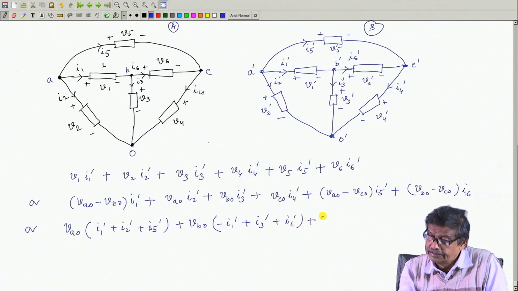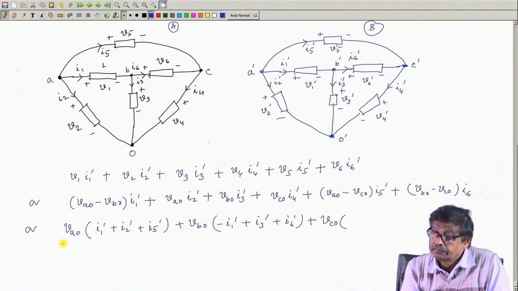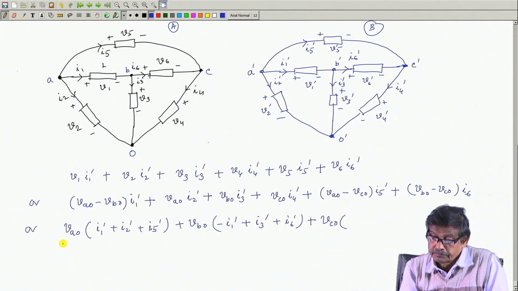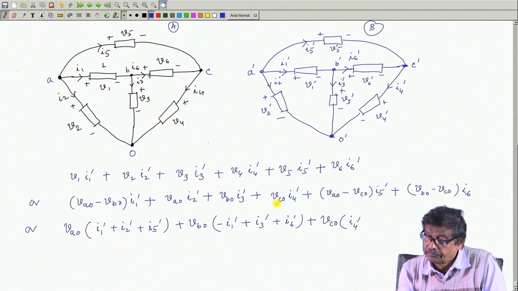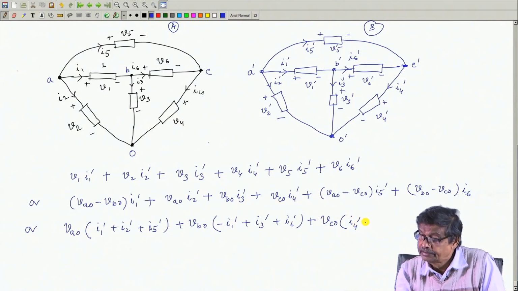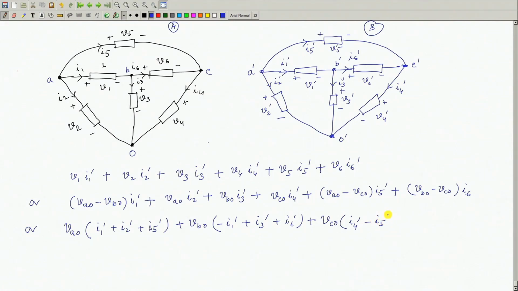And finally VC0 into all the terms of VC0, that is I4 dashed from this place, minus I5 dashed from this, and minus I6 dashed, this one.